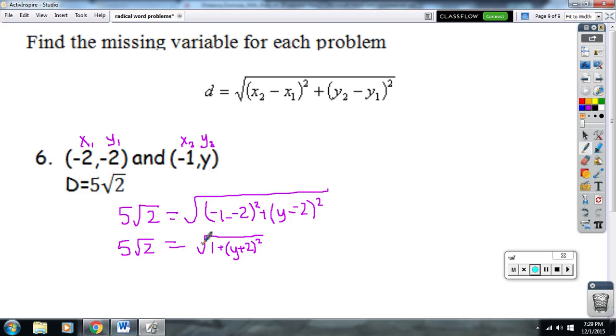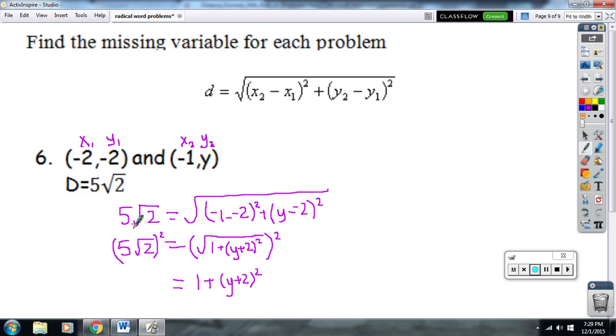There's no number written there, but we understand it to be 2. So that tells me when I'm solving to raise both sides to the power of 2. That will eliminate the square root on the right hand side, and your result would just be the radicand, which is 1 plus y plus 2 all squared.